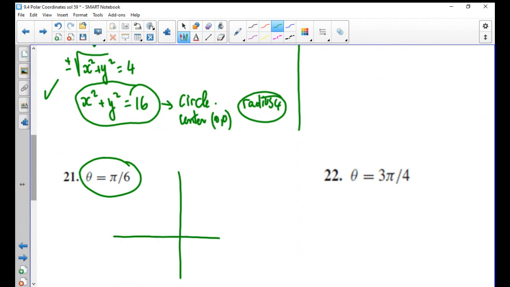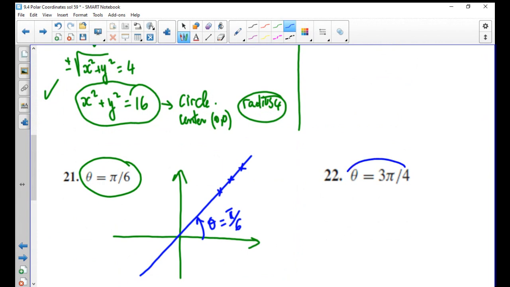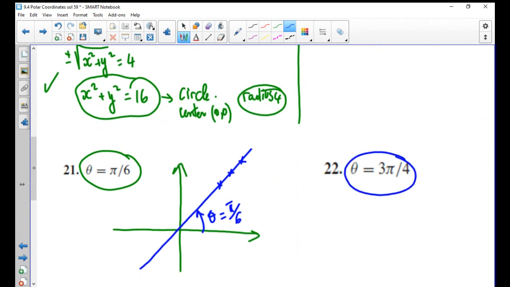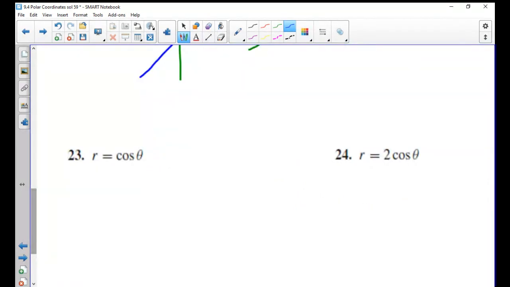It's a straight line where all the points have a theta equal to pi over 6. So they're all on this line where theta is pi over 6, which is 30 degrees. Same thing here, 3 pi over 4.